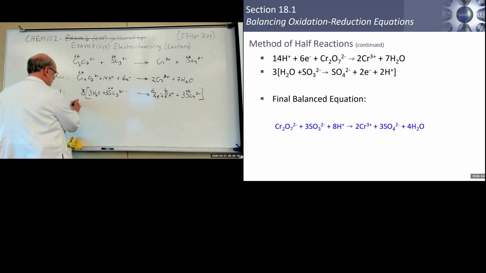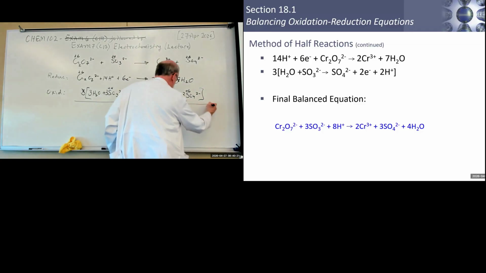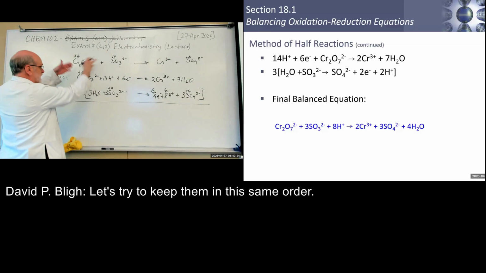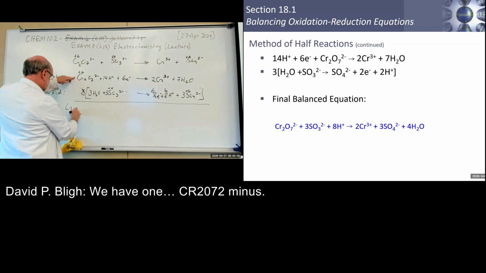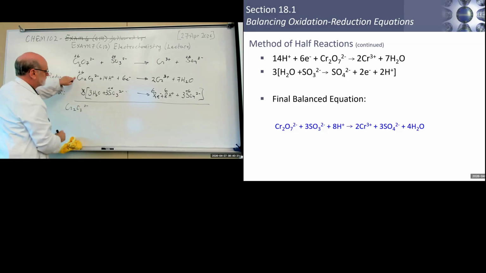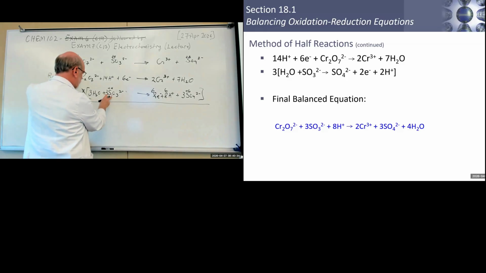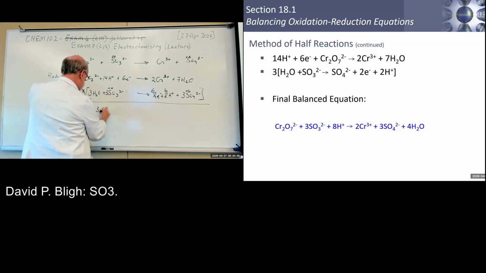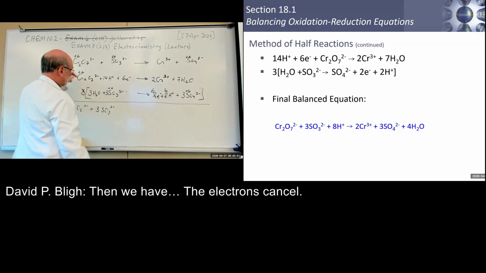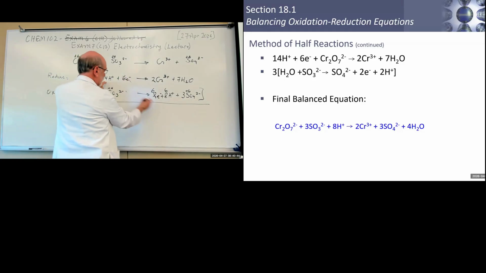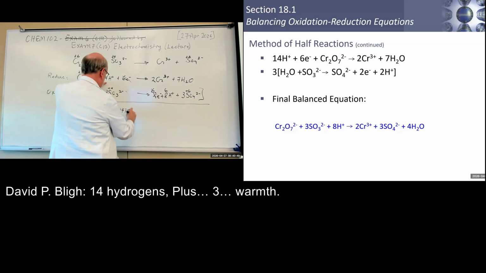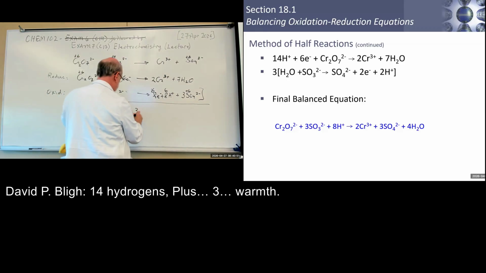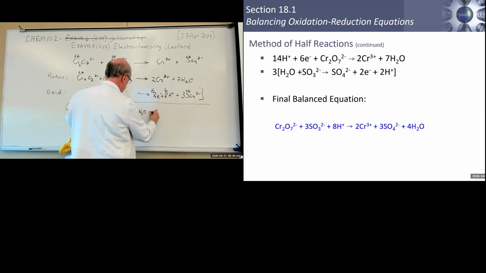Right? So let's try to keep them in this same order. Right? We have 1 Cr2O7 2 minus, and then we have 3 SO3 2 minus. Then we have the electrons cancel. 14 hydrogens plus 3 water.